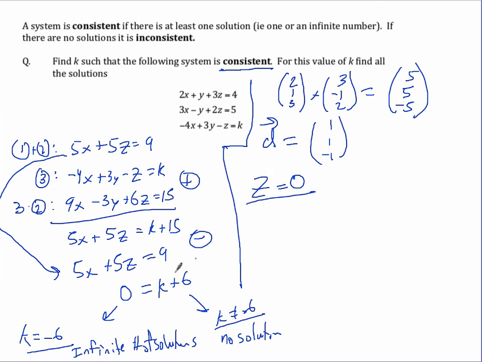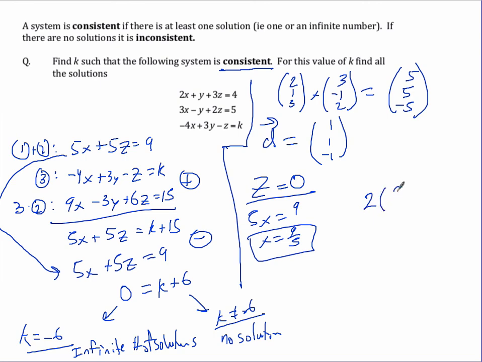Now we can actually look back at one of these equations that we've solved for already. So I plug in z equals 0 here, we get 5x equals 9, so x equals 9 over 5. Okay, so then I can get the y value using probably just this first equation right here, which is the easiest one.